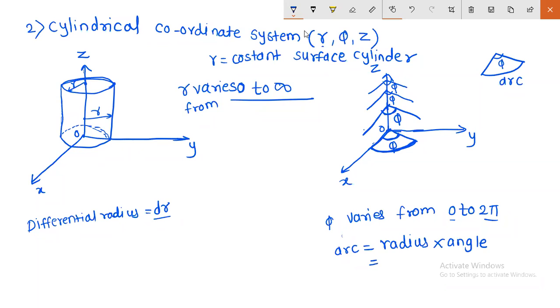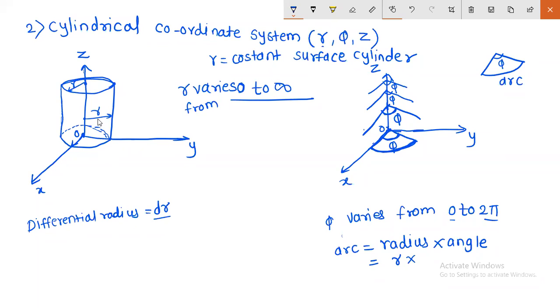Here the radius of the cylinder, from the origin up to this point, is r, into the angle.